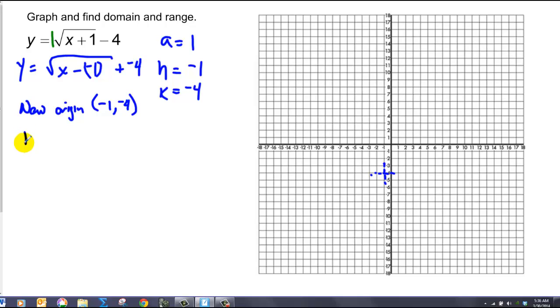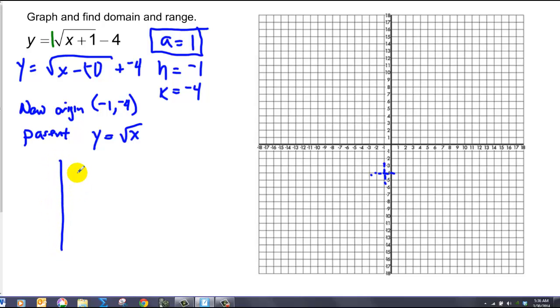And my parent function, once again, is going to be y equals root x. Because of an a value of 1, it states that my y values are not going to change at all.